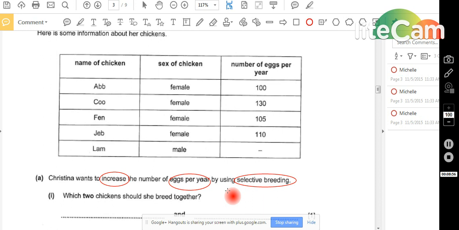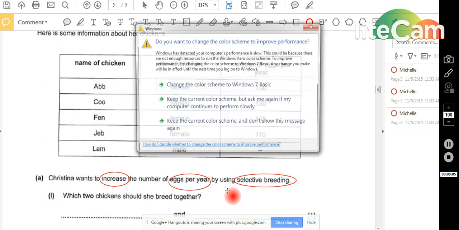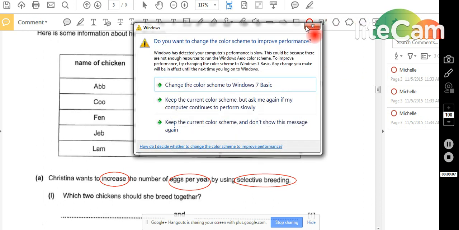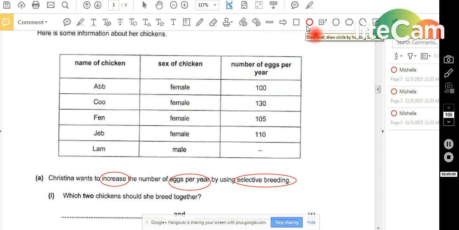So it's humans that have control over choosing what feature it is that you want. Let's say we take the chicken. So I as a human say that I want chickens that lay lots of eggs. So then I'm working towards that and all the time getting chickens to mate that give me lots of eggs. So those genes are carried forward. Okay, I can also choose that I want chickens that are speckled.